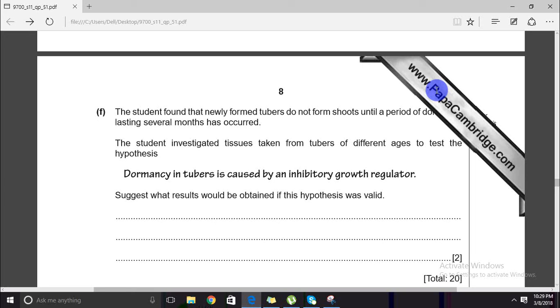The student found that newly formed tubers do not form shoots until a period of dormancy lasting several months has occurred, and investigated tissues taken from tubers of different ages to test the hypothesis. They could test the concentration, and initially it would have been high, and with time the concentration would have fallen until eventually it was negligible, and finally shoots would start to form.